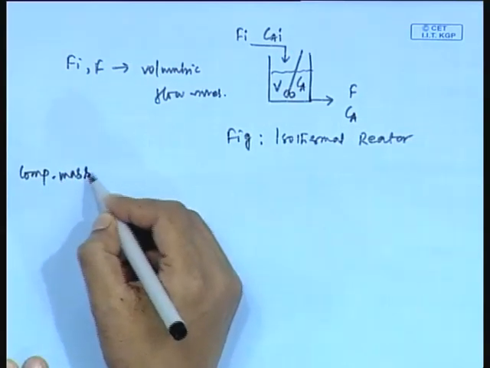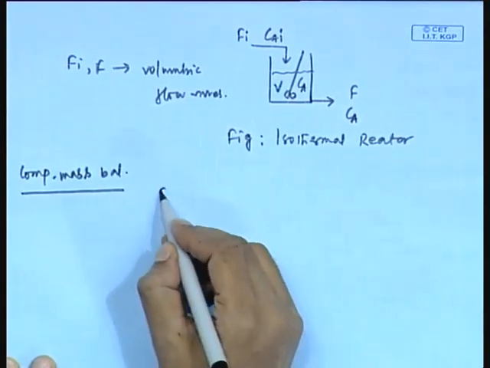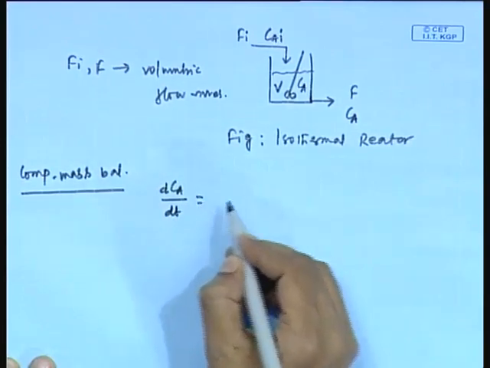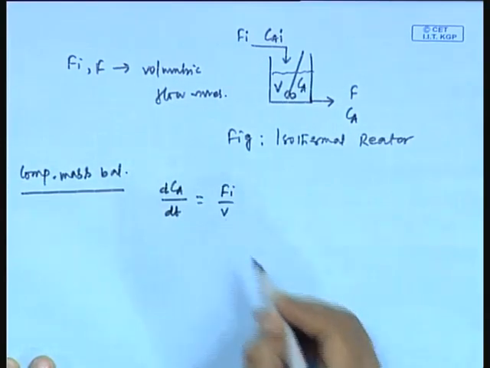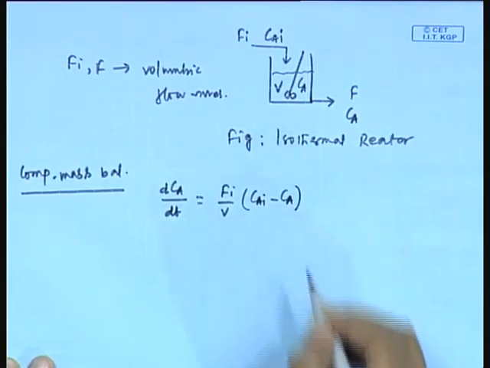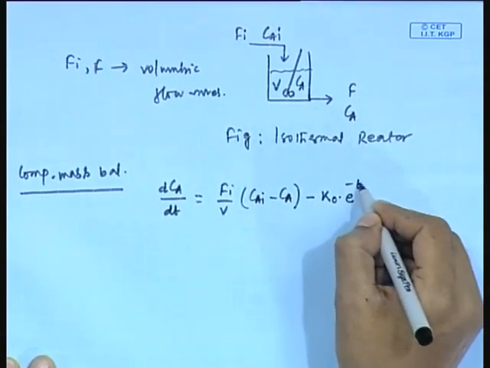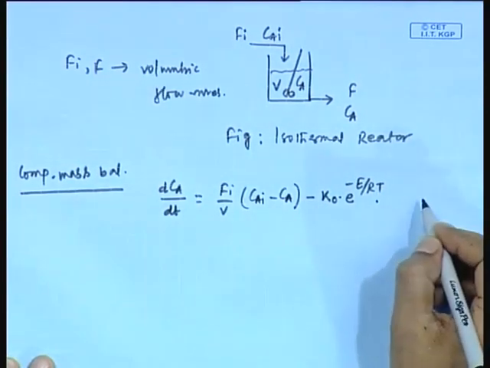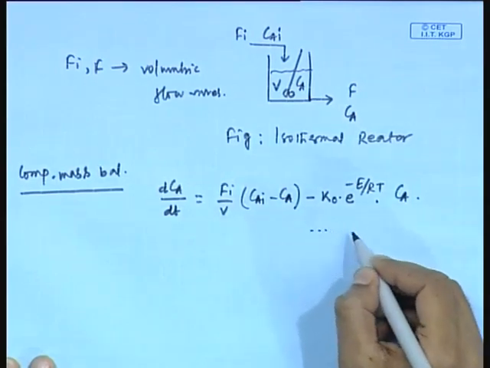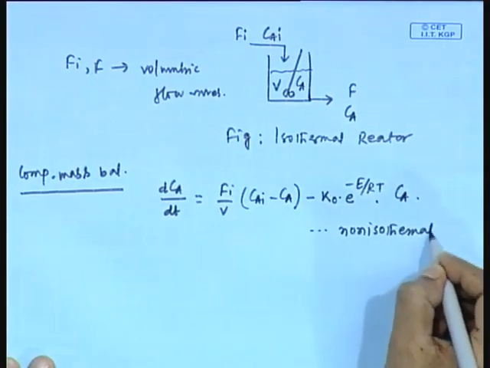Previously we got this equation: dCa/dt equals Fi divided by V times (Cai minus Ca), minus k0 exponential of minus E by RT into Ca. This equation we derived for the non-isothermal CSTR.